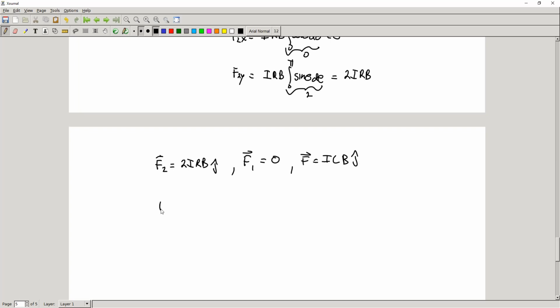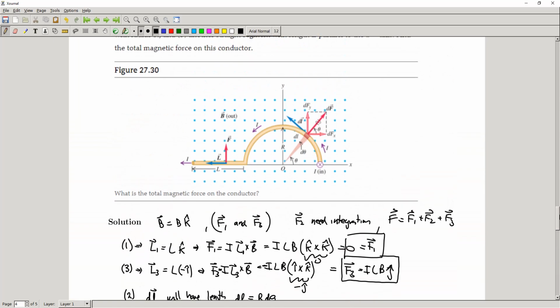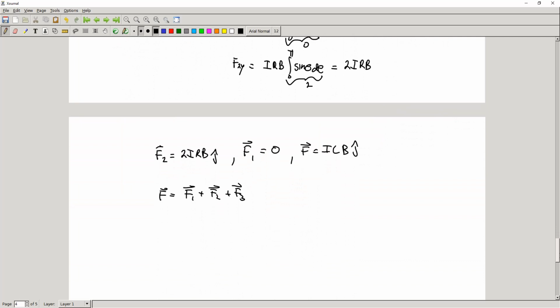Okay, and we also said that F is going to be equal to F1 plus F2 plus F3, right? So F is going to be equal to the contributions on each of these parts individually, all added up. So we now just need to add up all these contributions, and what do we get when we do that? Well, we're going to end up with an I and a B that we can factor out of both of them.